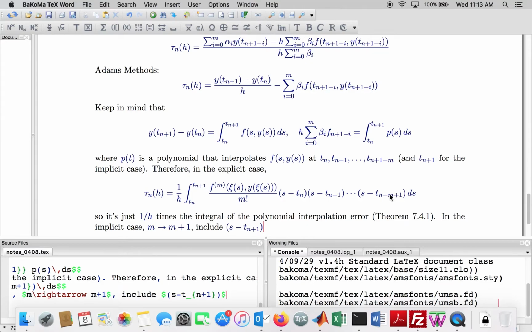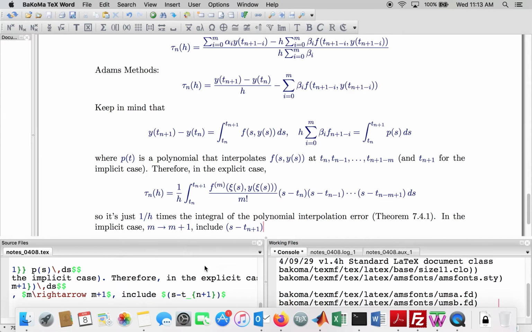This m stays the same, but these m's have to be adjusted. So what will happen is this integral for the explicit case will be of order h to the m plus 1, and then divide by h to get a local truncation error that's of order h to the m.